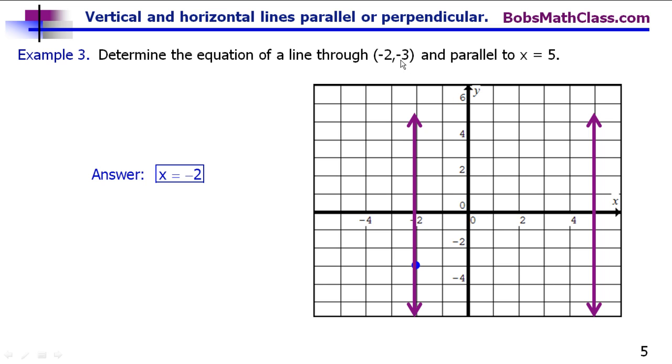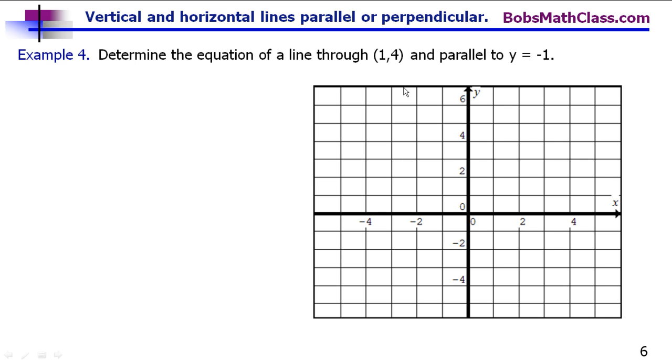So we just have to decide, is the line that we desire a vertical line or a horizontal line? If it's vertical, it's x equals. If it's horizontal, it's y equals. So this one was parallel to x equals 5, therefore it's x equals -2.